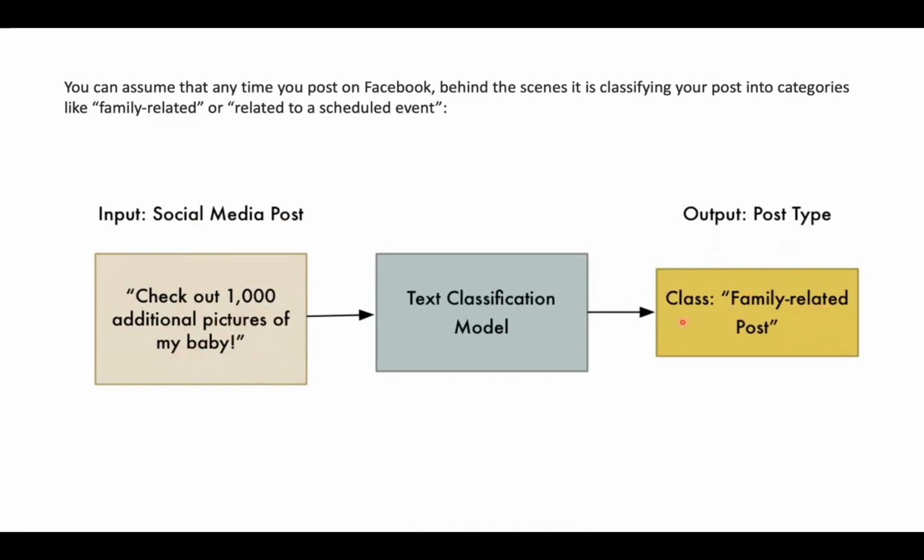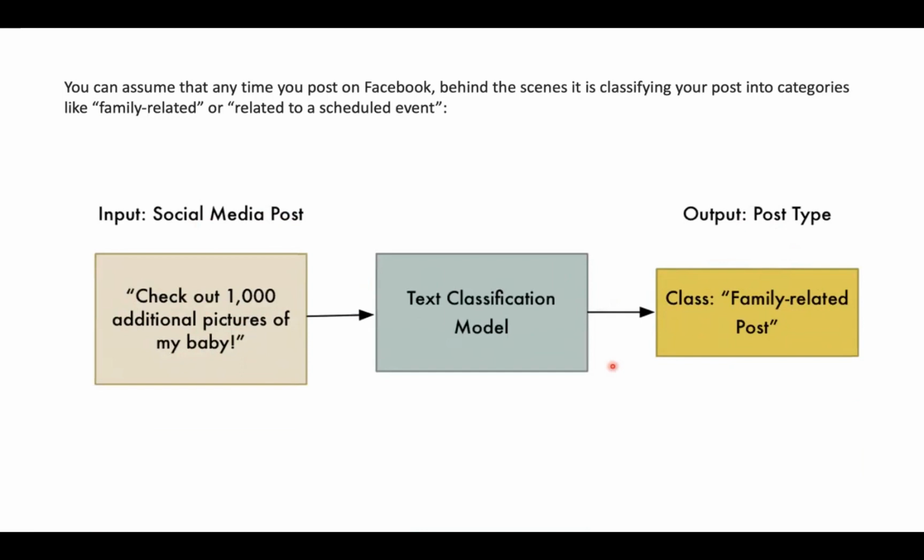That means it is identifying that this post is a family-related post. That not only helps Facebook know which content to show to which users, but it also lets them track the topics that you are most interested in for advertising purposes.